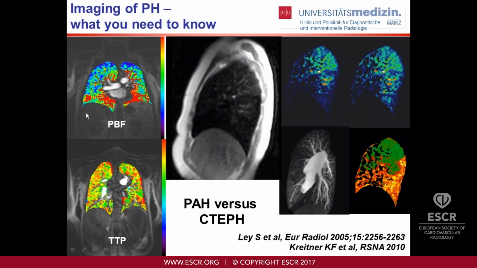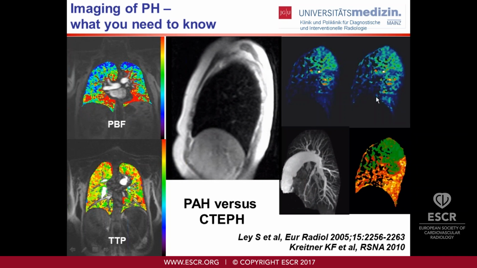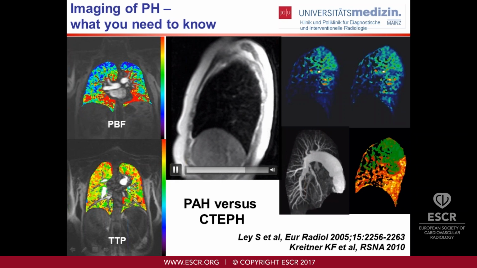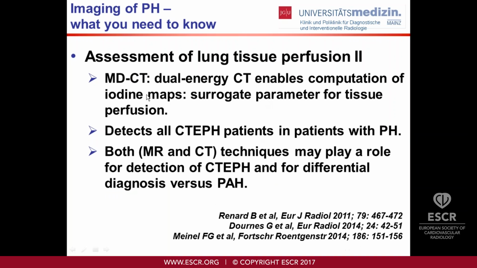What's coming more and more into clinical routine is the ability of performing spectral CTs, either as dual energy CTs, or you have the possibility with acquisition of data sets at different kVs, so that you can compute iodine maps.